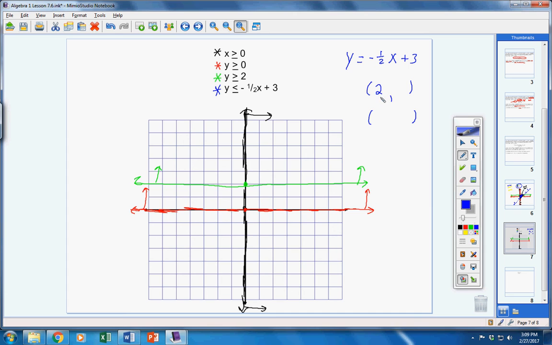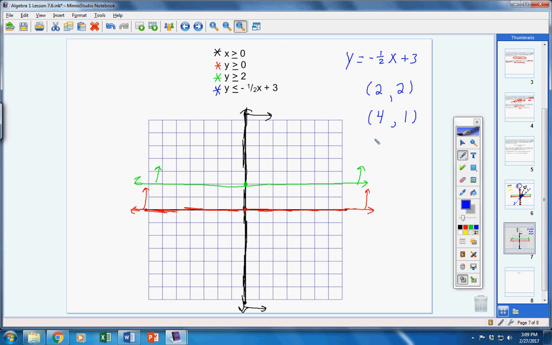Like I'm going to use 2 for x and 4 for x, because when you take 2 times 1/2, you get out a whole number. When you take 4 times 1/2, you get out a whole number. So where the x is right here, I'm going to put a 2. Negative 1/2 times 2 is negative 1. Negative 1 plus 3 is a positive 2. I'm going to put a 4 in for x. Negative 1/2 times 4 is negative 2. Negative 2 plus 3 is 1.